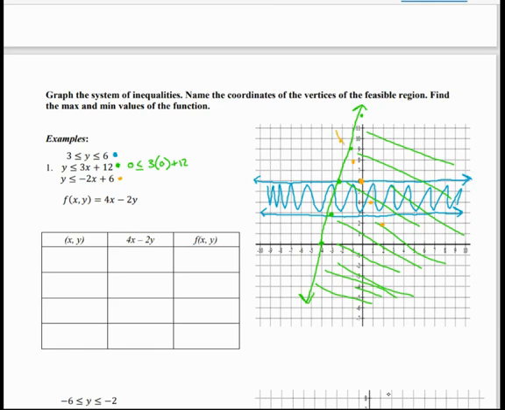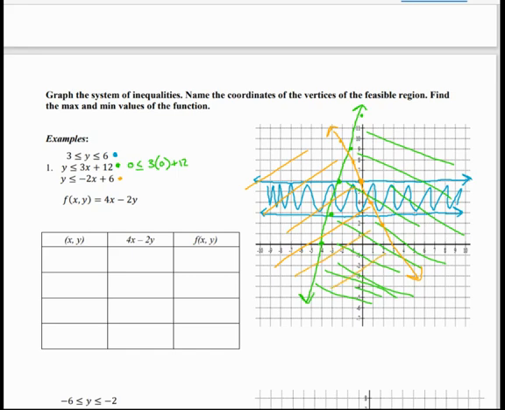And a solid line there. That did not go well. I'll do my best. That's a little better. Okay, and my shading there will be below.